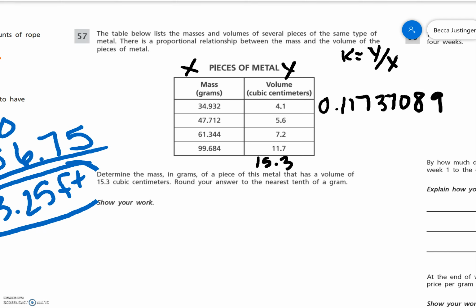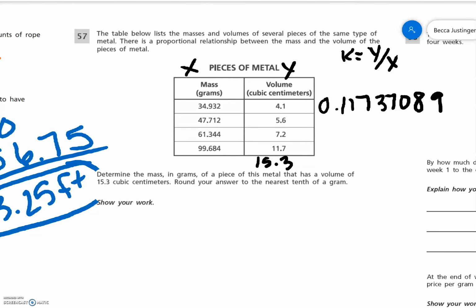If you do 5.6 divided by 47.712, you get the same number. 7.2 divided by 61.344, same number again. And last but not least, 11.7 divided by 99.684, same number. So that is our constant of proportionality.